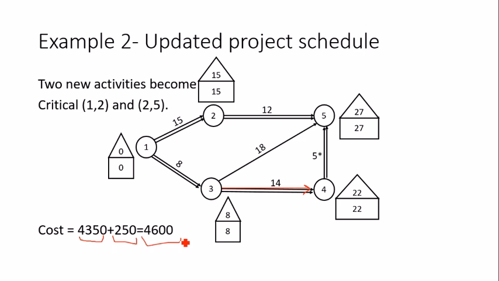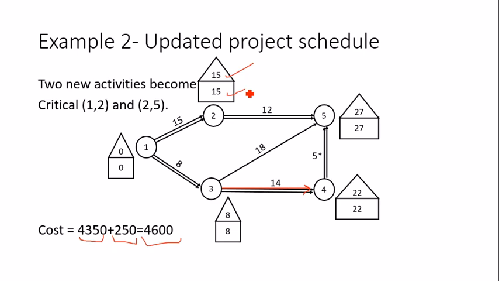Since you have updated your ES and LC, there's a point to notice here: this has also become equal. In the previous schedule, if you have noticed, at node 2, ES and LC were not equal. That's why a few activities were non-critical. This is also going to happen in examples, that as we move towards compression and crashing, new activities may emerge as critical activities.